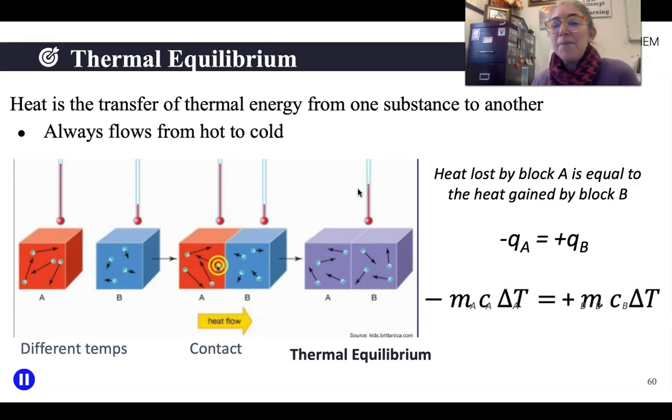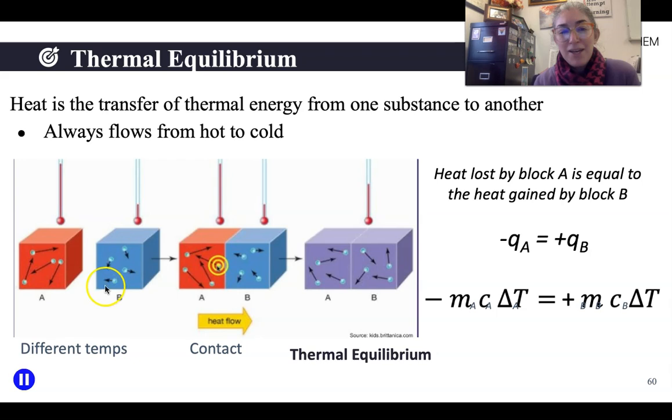But the concept of thermal equilibrium is that heat is not created or destroyed, it is only transferred. And so if you have two substances and you put them together and heat is transferred from one to the other, heat will be transferred until they are both at the same temperature, and then no more heat is transferred.